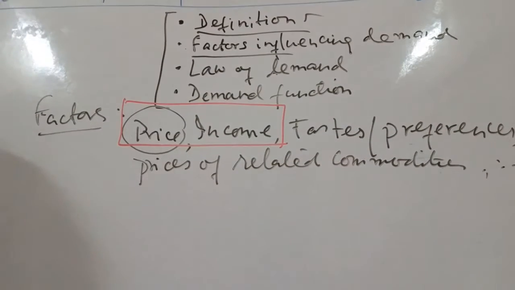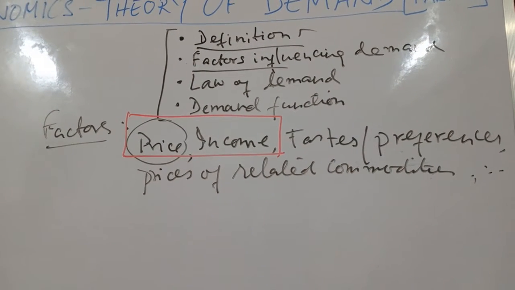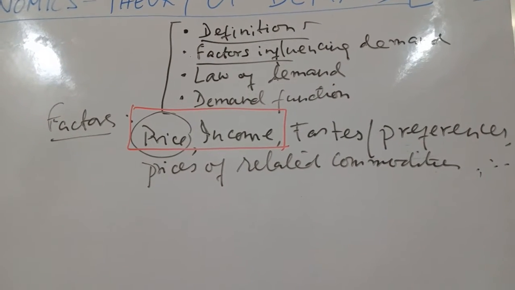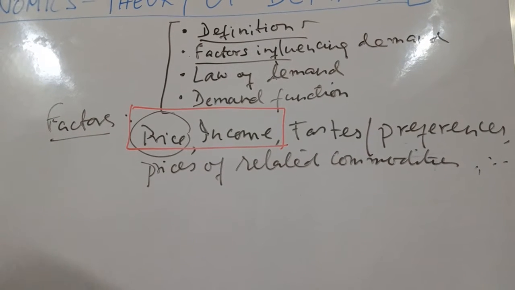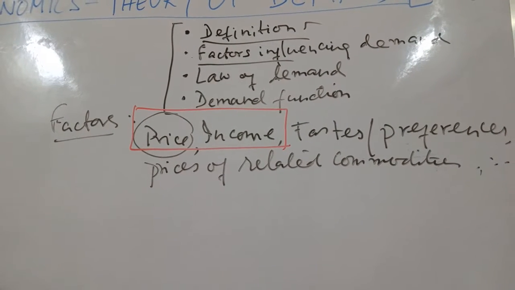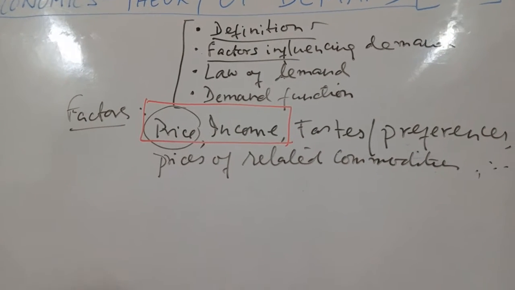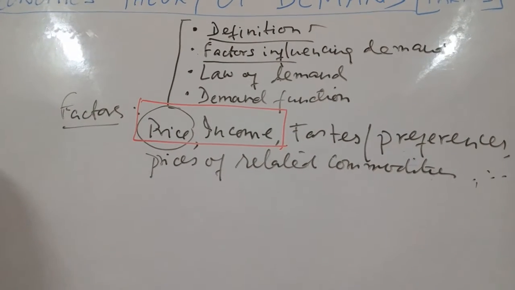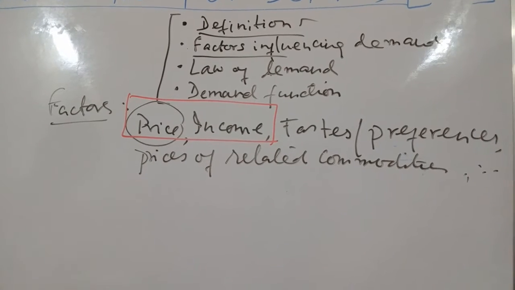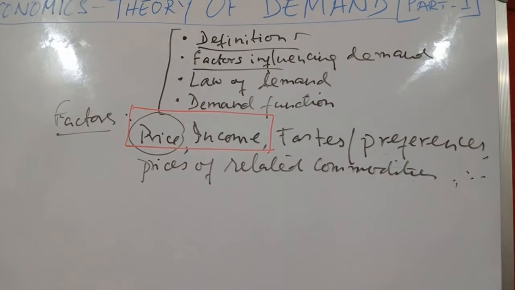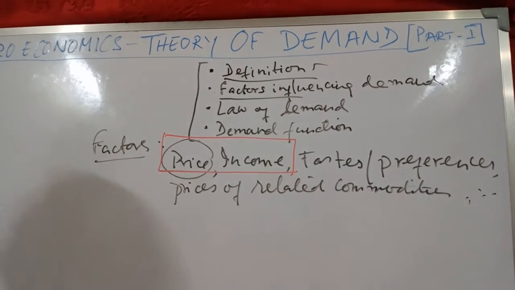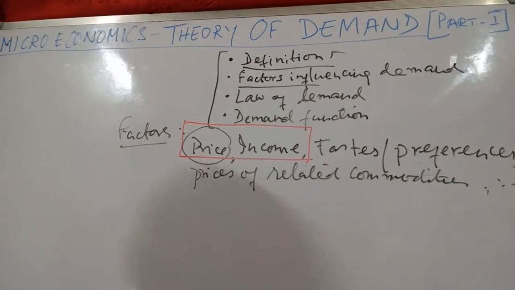Law of demand was first introduced in the 17th century. Later on, Professor Alfred Marshall made mathematical and graphical explanation of law of demand. Now, what does the law of demand state?